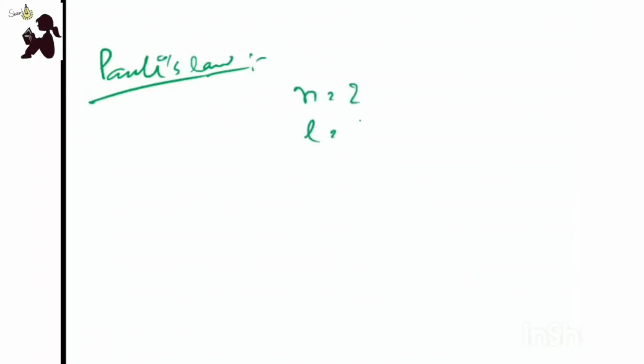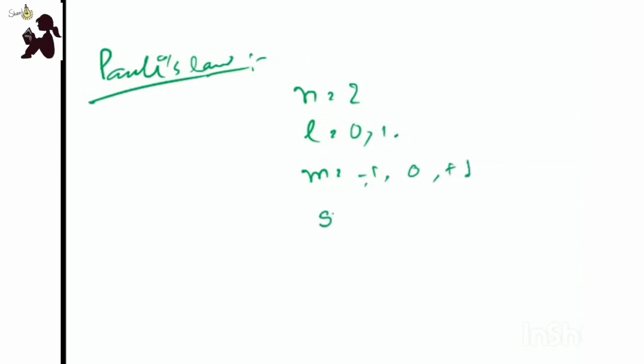Now we have to know about Pauli's exclusion principle. What Pauli said is that if three quantum numbers are the same, then the fourth one must be different. That means if n equals 2, then l can be anything from 0 to 1, but it can't be 2, right? Then m can be minus 1, 0, plus 1.